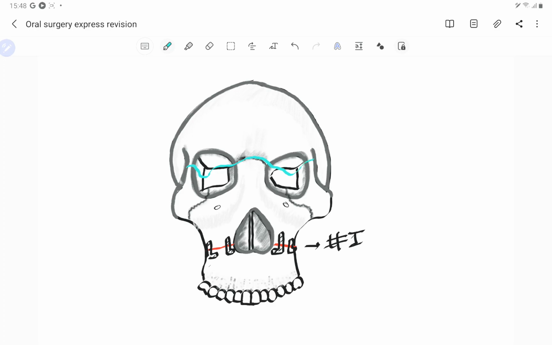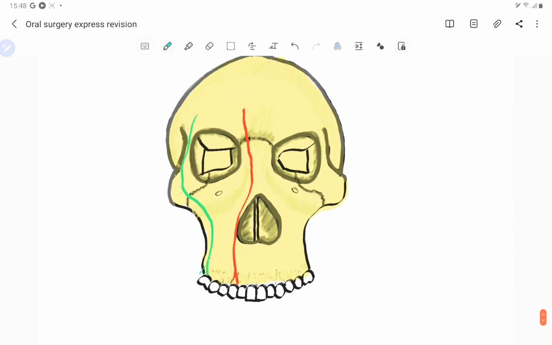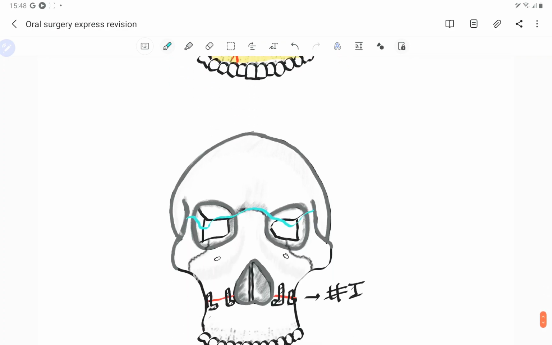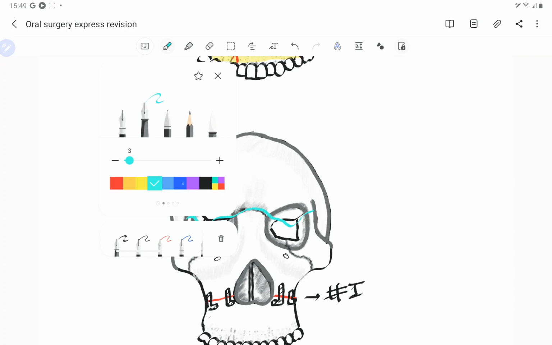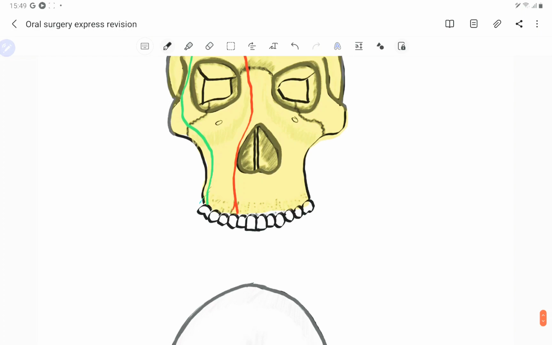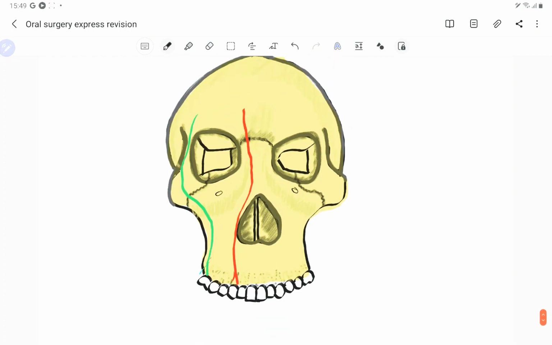So in that case, one plate we can put at the frontozygomatic suture, right? So here we can put a mini plate. We put a 2 hole mini plate in case of Lefort 3 fracture using the frontozygomatic buttress.